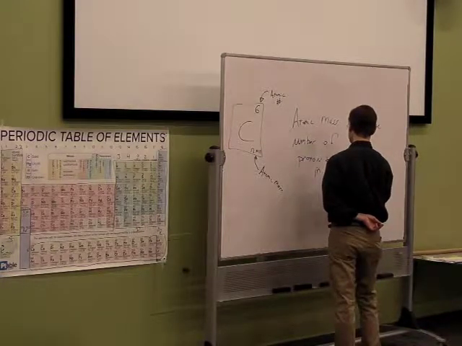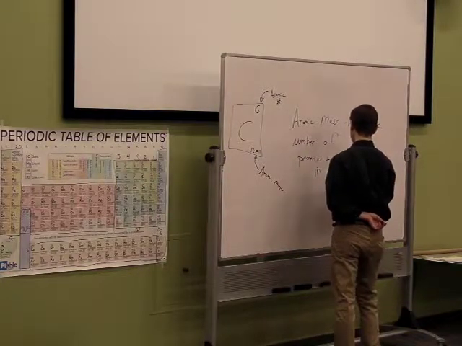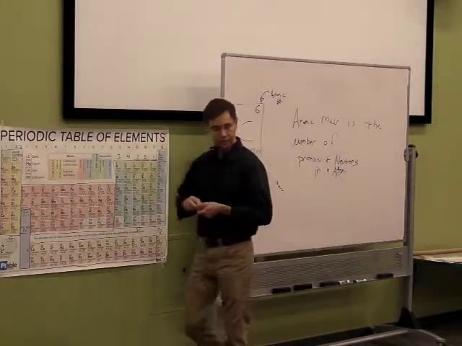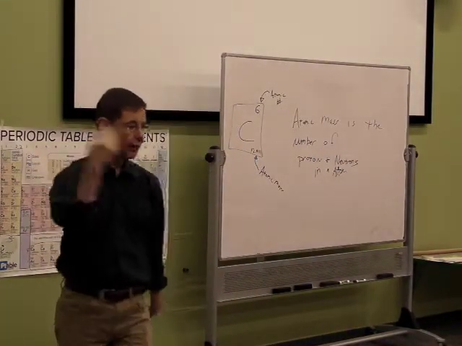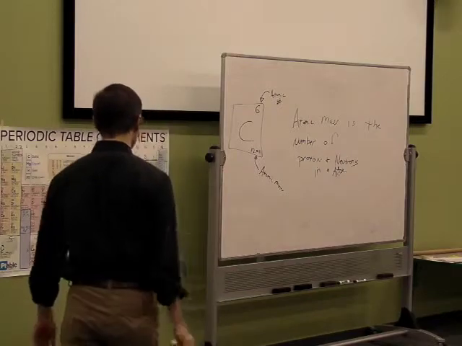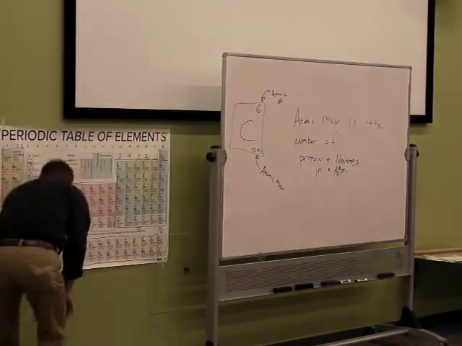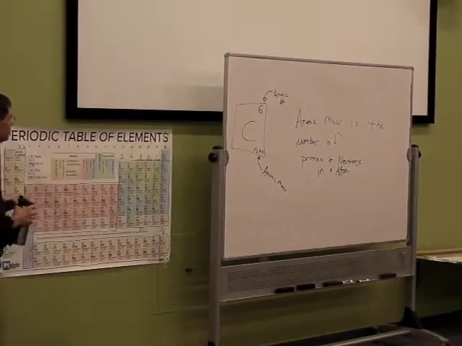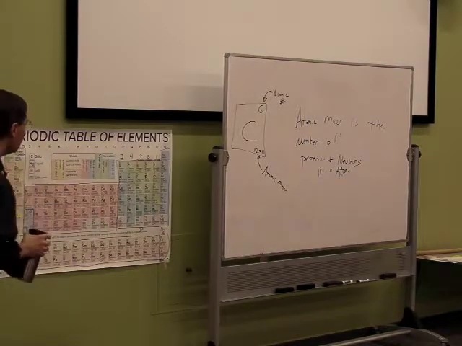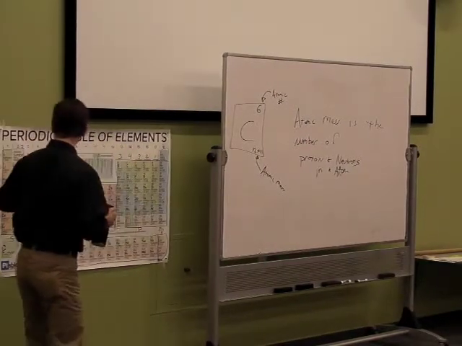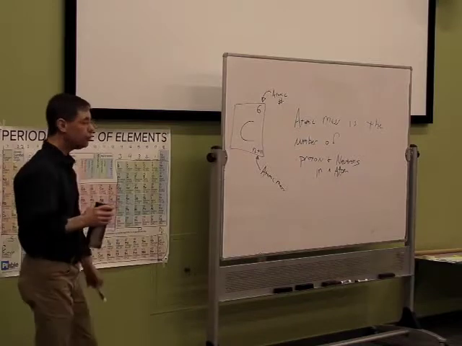Oops, good job. So the atomic mass is the protons and the neutrons. Remember, the neutrons weren't discovered until 1953 or something like that. The atomic mass is the number of protons and neutrons.